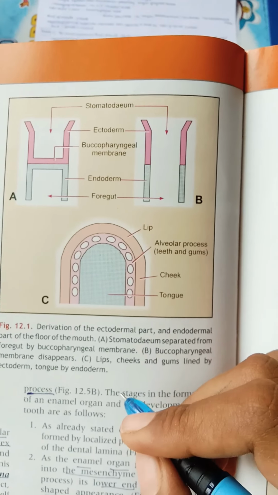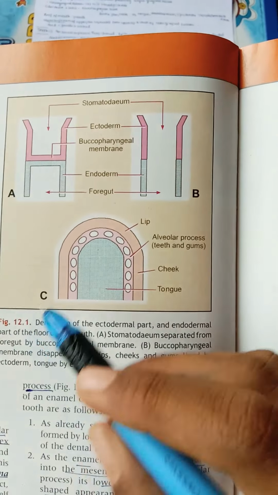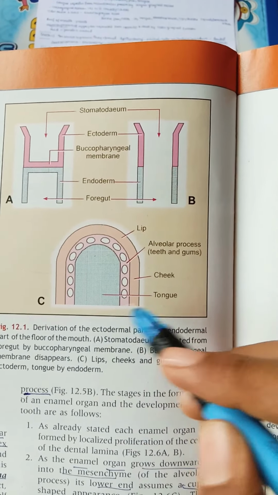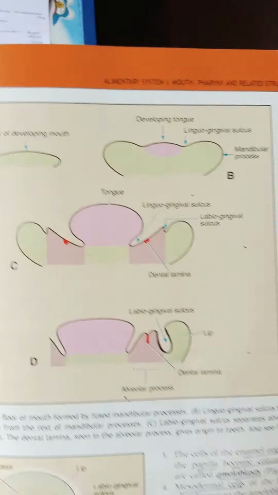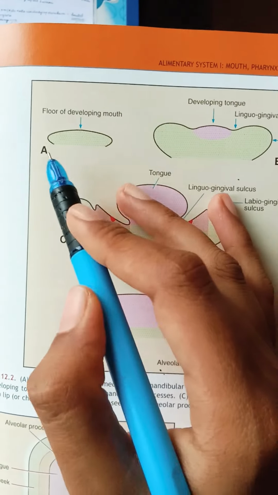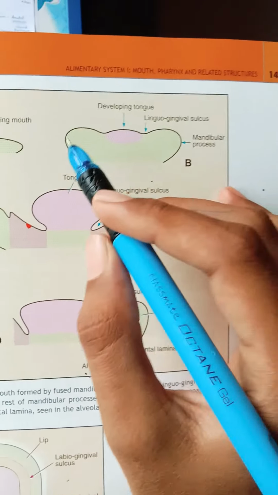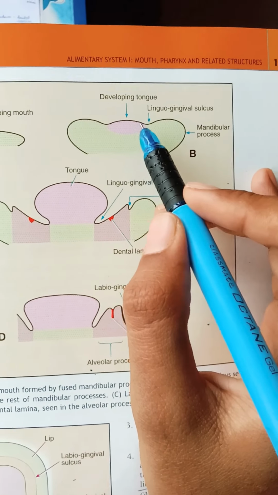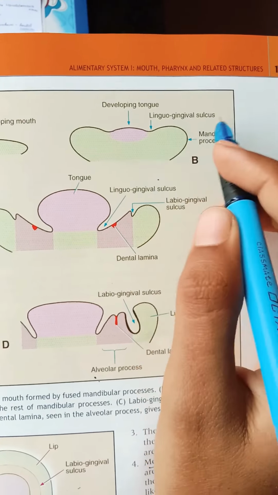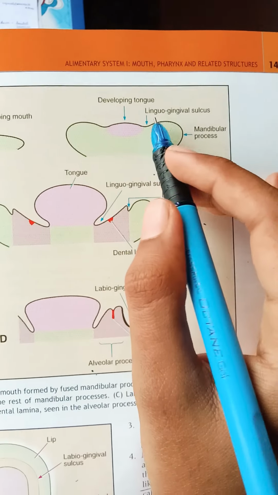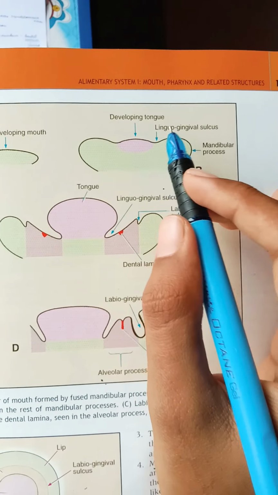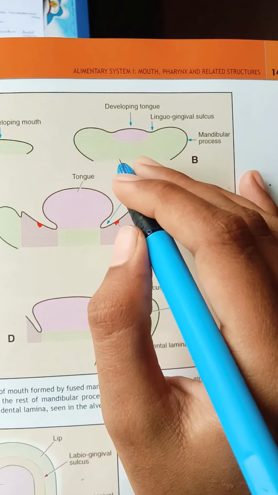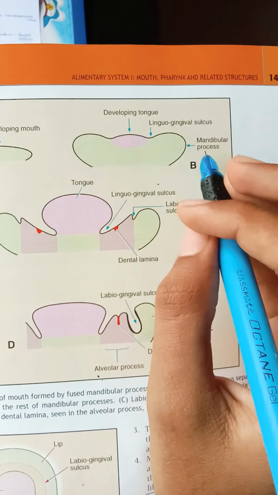And here you can see the lip, how the lip forms, the alveolar process, how teeth and gum form, the cheek and the tongue. And here you can see the floor of the first developing mouth. In the developing mouth we also have the tongue, so tongue development takes place. The linguogingival sulcus, from the name you can understand, is a sulcus which separates the tongue from the mandibular process.